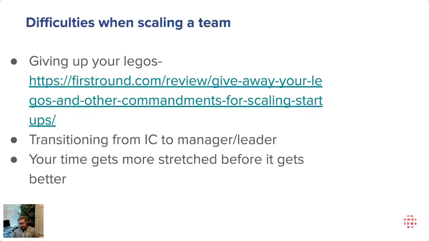Now, of course, there are difficulties that come up when you scale your team. And so there's a great article on the First Round Capital blog that touches a little bit on this. It's an article by someone who was, I think, employee 10 or something at Facebook.